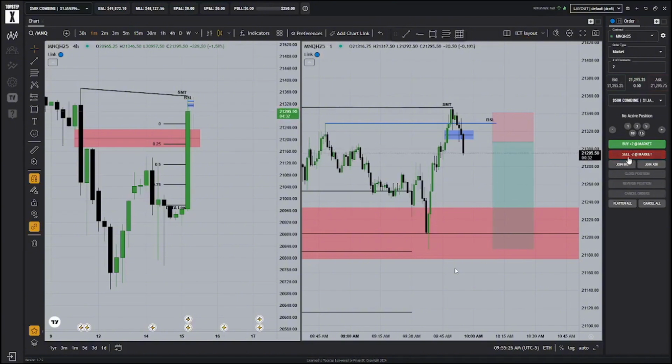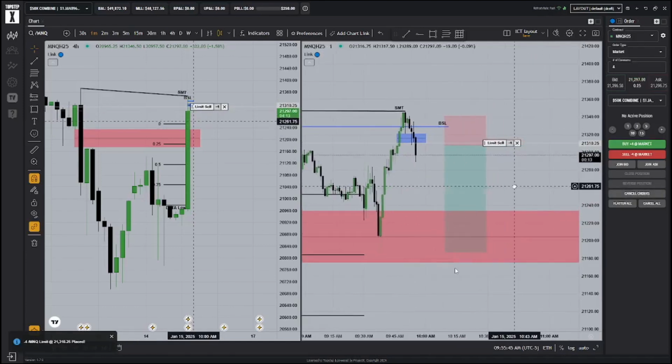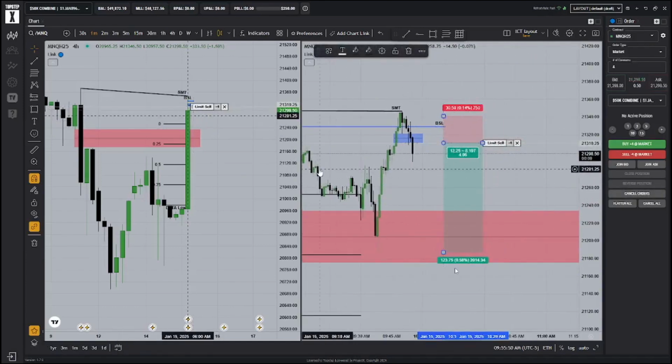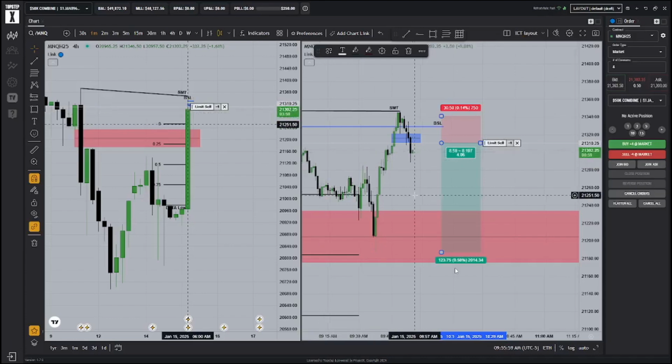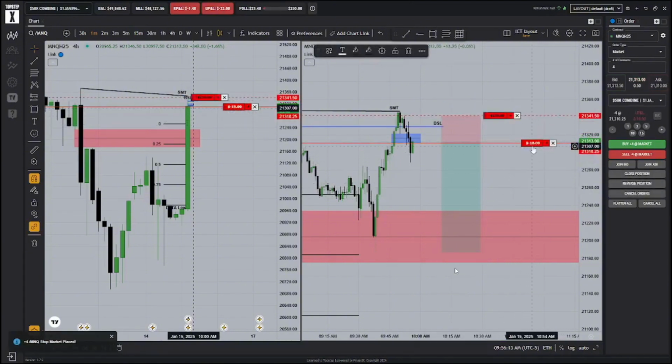So I'm about to sell short right here, and I decided to set up a limit order right at the bottom of the BISI, because now it's an inverse FVG. Once we close below it, we return up, tag my entry.